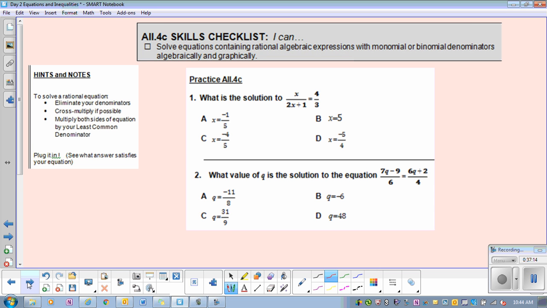So look at number 1. What is the solution to this? Here's the thing. Store it. I would use the store function, especially if you get a multiple choice. X over 2x plus 1 equals what?